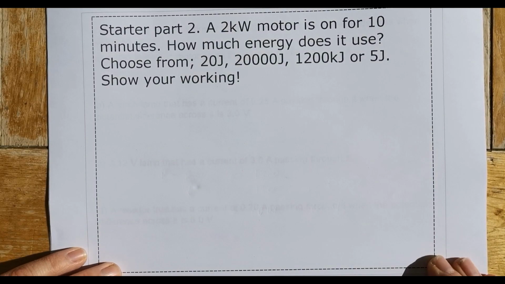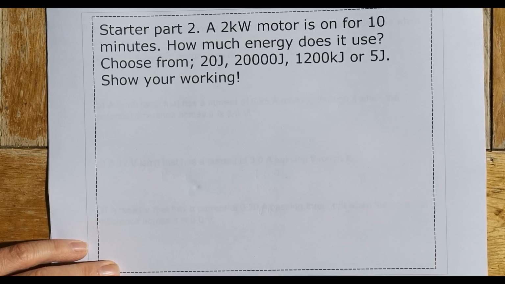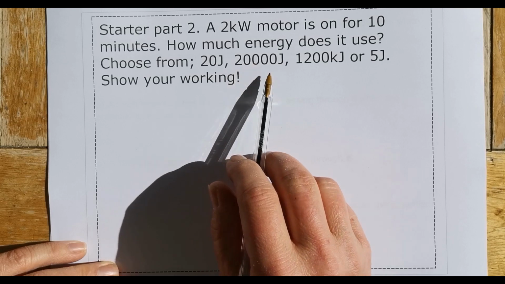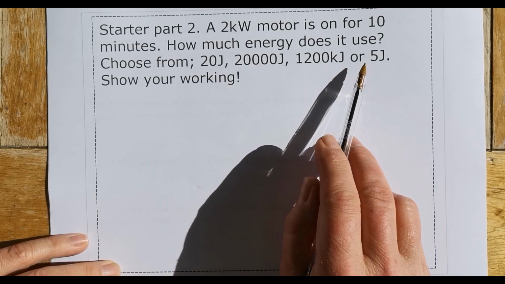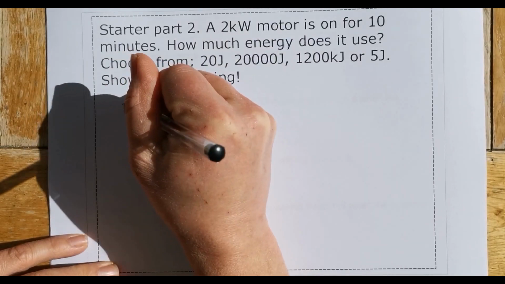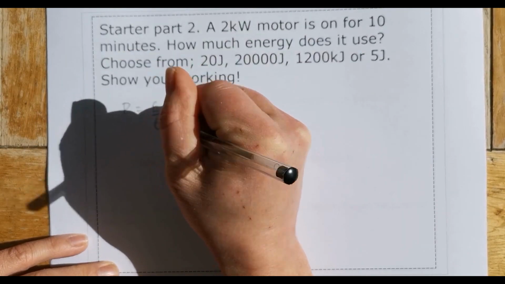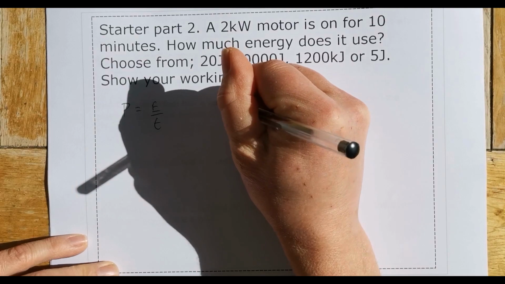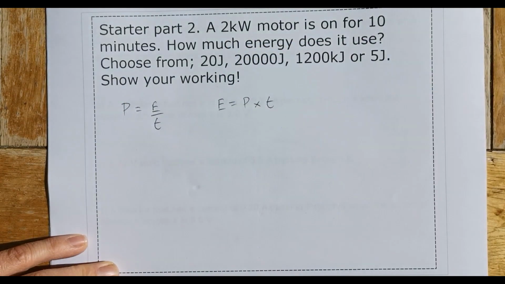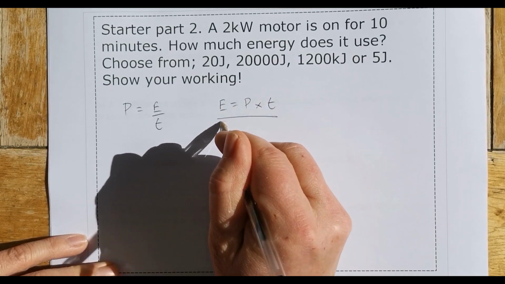A 2 kilowatt motor is on for 10 minutes. How much energy does it use? Choose from 20 joules, 20,000 joules, 1,200 kilojoules, or 5 joules. Well, the formula is power equals energy over time, or energy equals power times time. In this case, we're going to use energy.